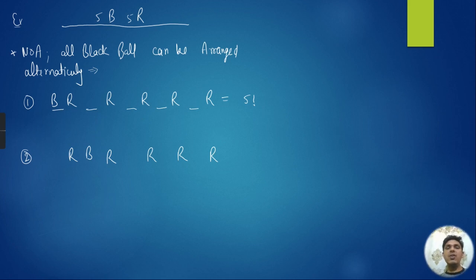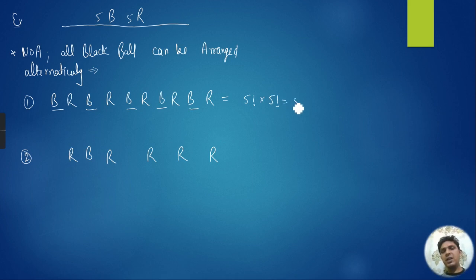Now in this case we will not have the number of places one more than the number of objects, because we have to arrange alternately. The positions that we are left with are only B, B, B, B, B. That means at only five places I can arrange five black balls. So the number of arrangements for five black balls will be factorial 5.